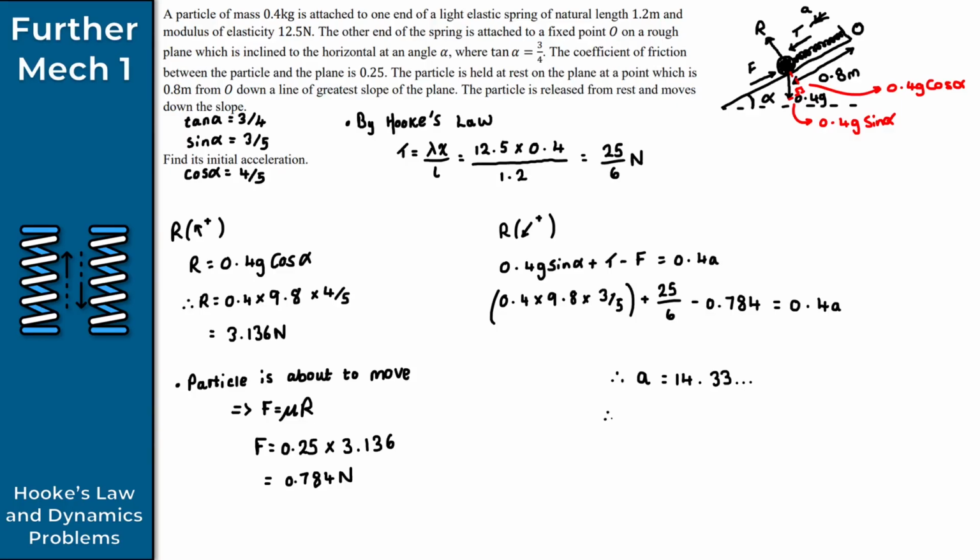What that tells us then is that the initial acceleration, I'll just write this down in full, by the way. So the initial acceleration is, so what do we get then? 14 meters per second squared. So 14 ms to the minus 2 there.